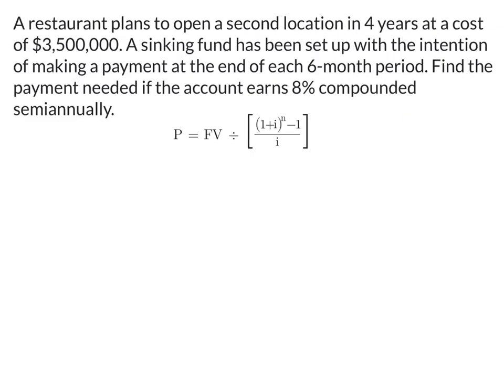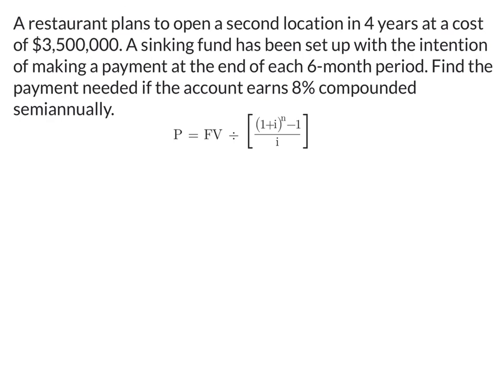A restaurant plans to open a second location in 4 years at a cost of $3,500,000. A sinking fund has been set up with the intention of making a payment at the end of each 6-month period. Find the payment needed if the account earns 8% compounded semi-annually. We're going to use the same formula as the problem before.